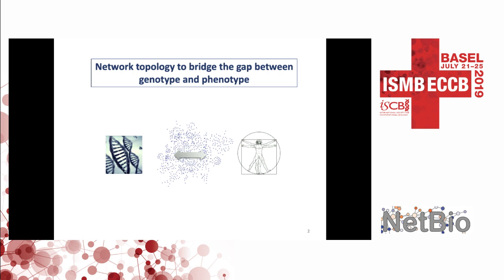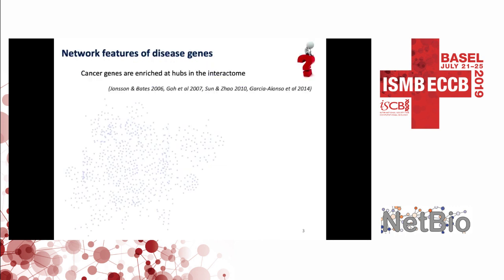And in our group, we are particularly interested in understanding how genomic variation leads to disease. In the last years, there has been much research trying to figure out if there are particular network features that can help us to differentiate between non-disease and disease genes. While cancer genes, and there are a lot of publications on cancer, and here we have only some of them, are reported to be enriched at hubs in the interactome.